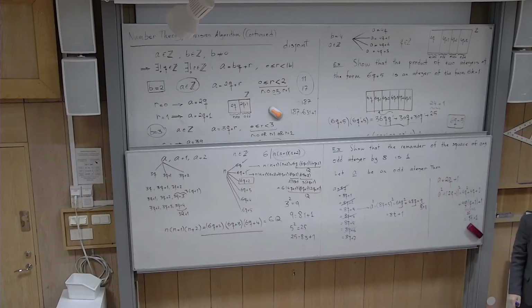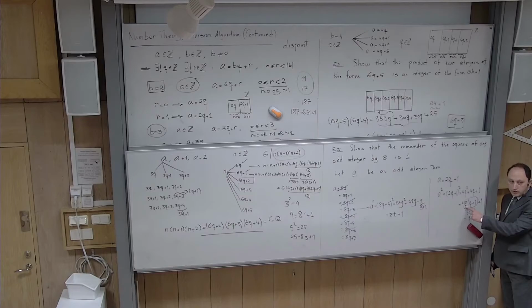Could you explain one more time how you got from 4Q to 8? So I told you that if I factor 4Q out, this combination is definitely even even if I don't know Q is even or odd. If Q is even, then of course this product is even. If Q is odd, the next number is even, and again the product is even.